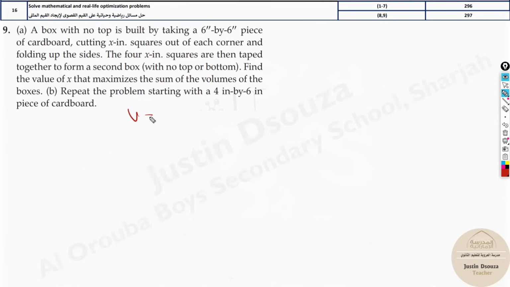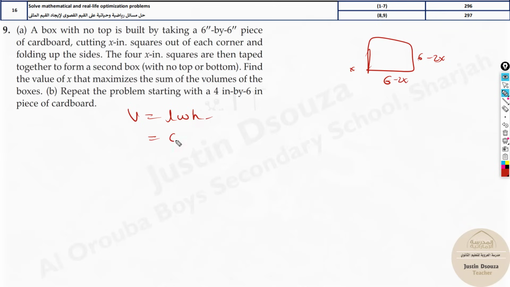Here first let's write the volume formula. V is length, width and height. The same concept. Here we know it'll be taken out and be folded. It's 6 and 6, minus 2x, and the height will be x. You need to substitute it over here.